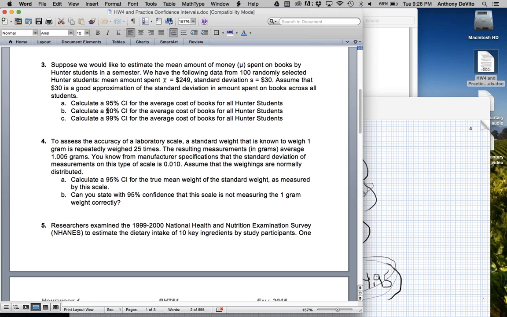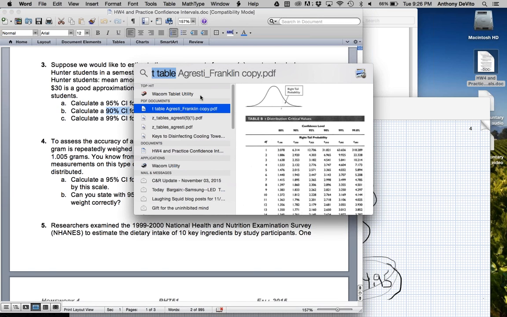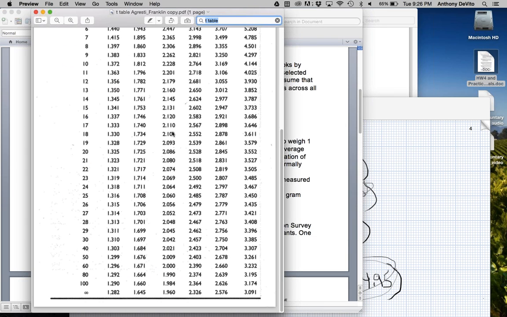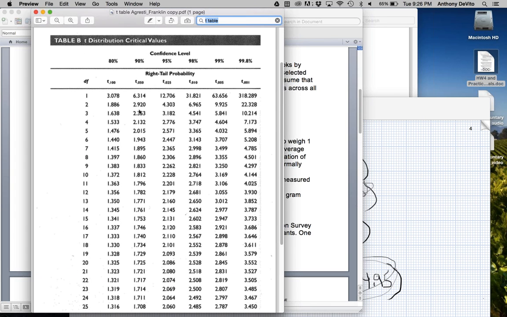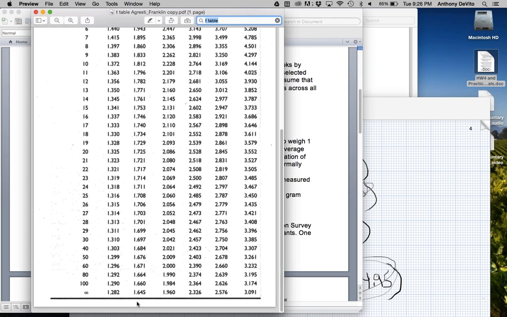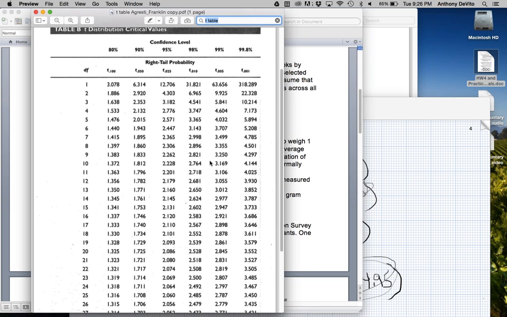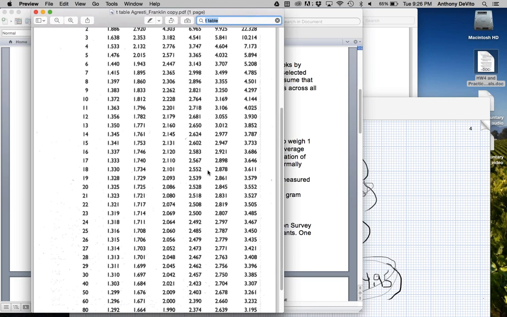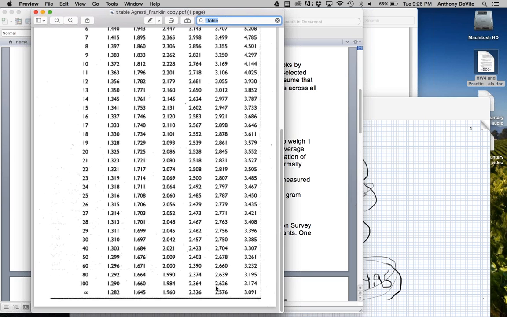Now, if this were a small sample size for 90%, we would have to go to our t-table again. On our t-table, for instance at 100, for a 90% confidence interval we would use a t-value of 1.66 instead of 1.64. And for a 99% confidence interval, instead of 2.58, we would use the value 2.63, or 2.626.